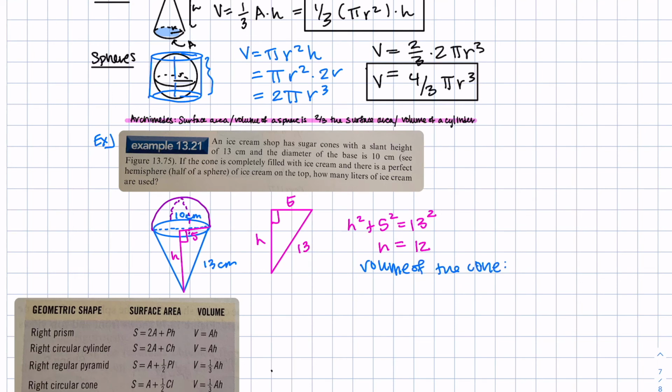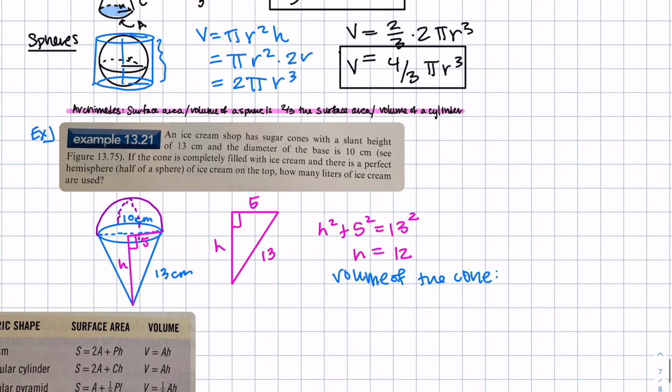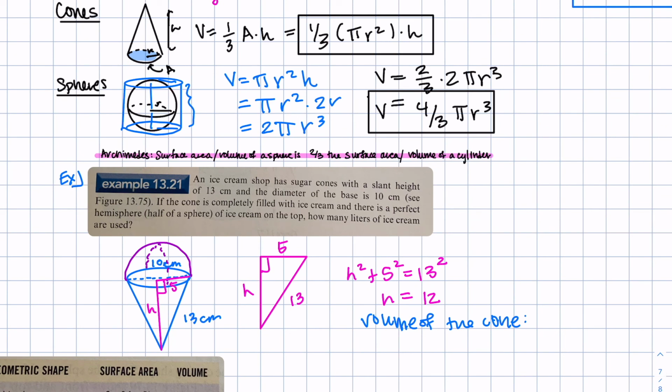Or help me get the volume of the cone. So that will be... I think I wrote this wrong. Okay, so 1/3, and then the area of this circle, so that's pi r squared, which is 25, so pi times 5 squared, times the height, which is 12.